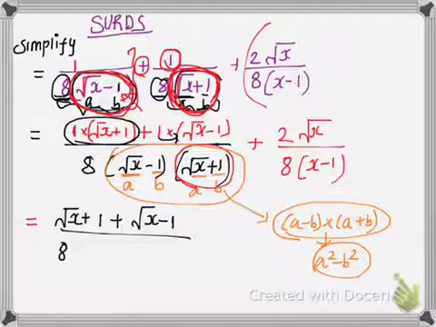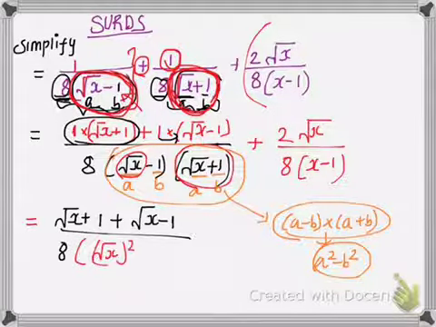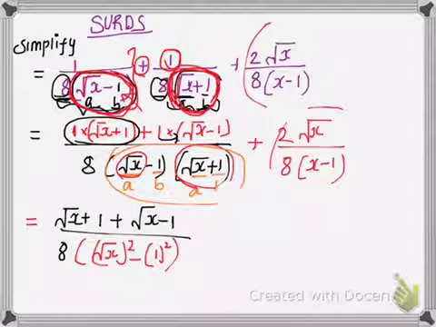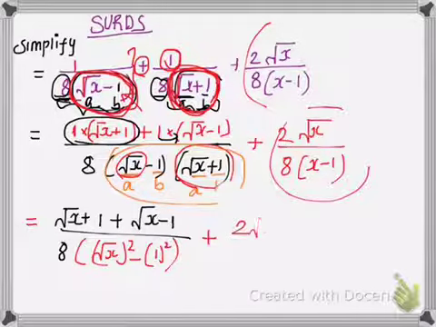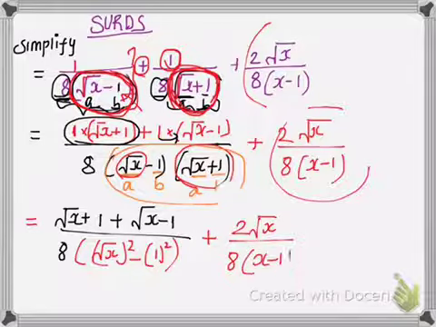So I'm going to do the same over here. a squared is root under x squared, so a squared minus b squared, b is 1, so 1 squared, and I'm going to write this third expression as it is, which is 2 root x divided by 8 times x minus 1.